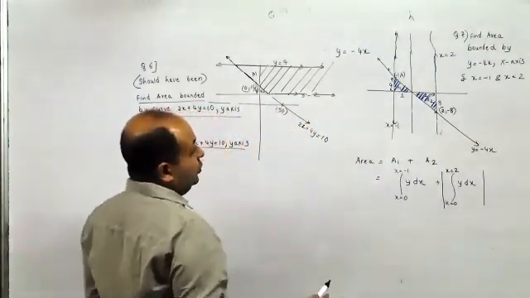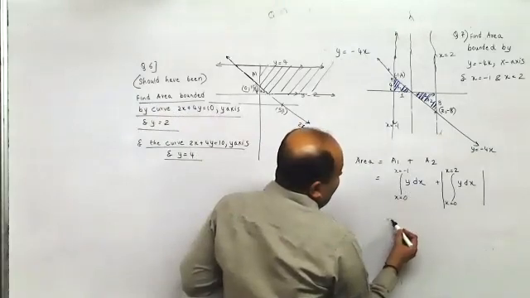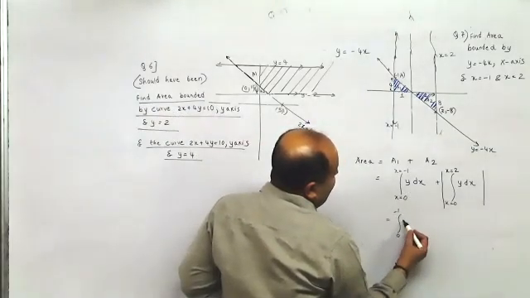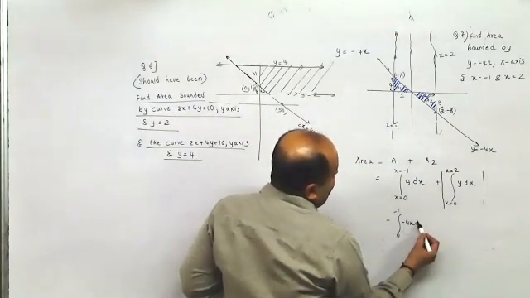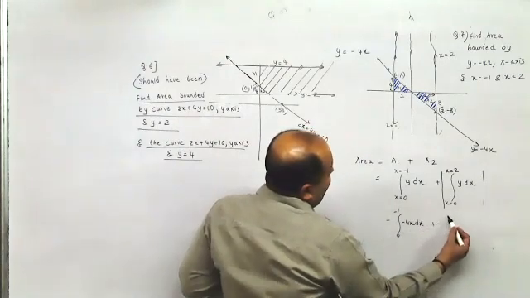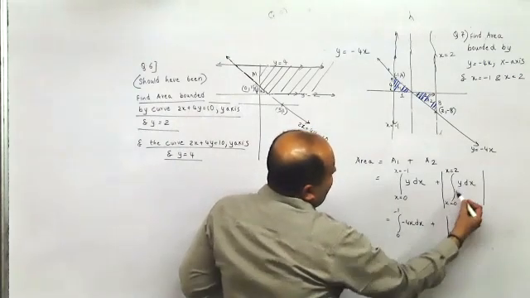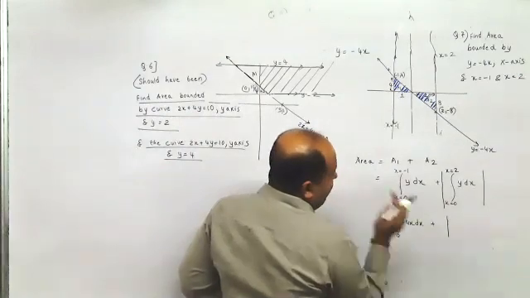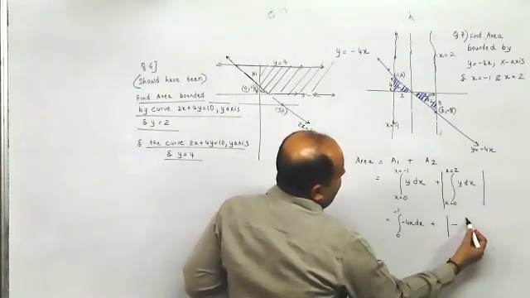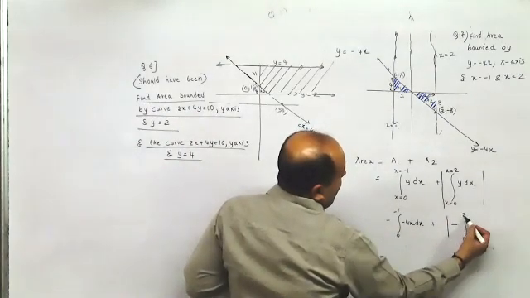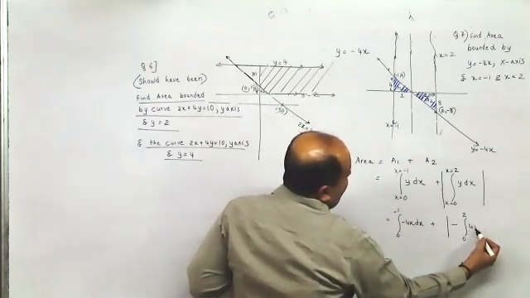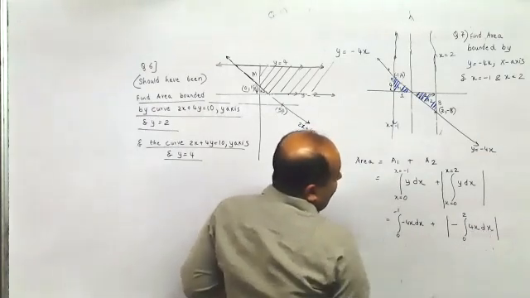Now in that case, what is y dx? It would be 0 to minus 1, minus 4x dx, plus minus 4x dx between 0 and 2.